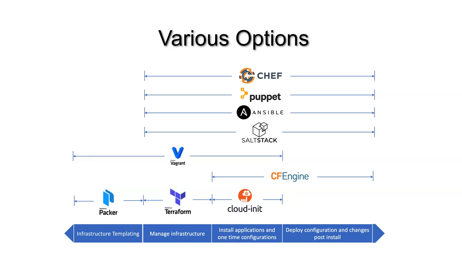I don't know if you have heard about Chef, Puppet, Ansible or Salt Stack. These are various infrastructure as code tools which are used as part of the DevOps process. In case you have to deploy certain applications, you can completely write it in Ansible, Puppet or Chef, and then you can execute it and deploy those resources.